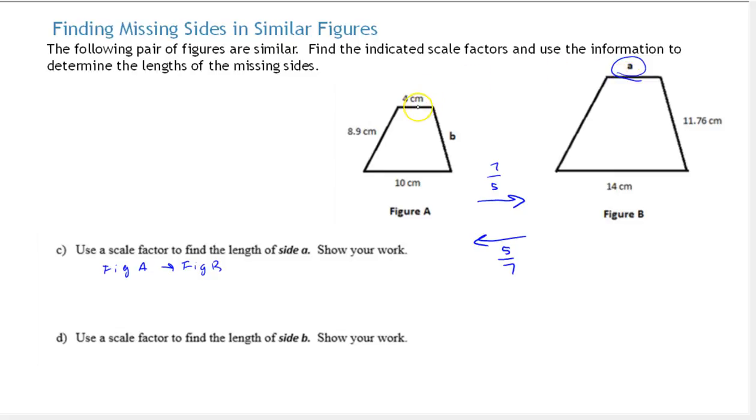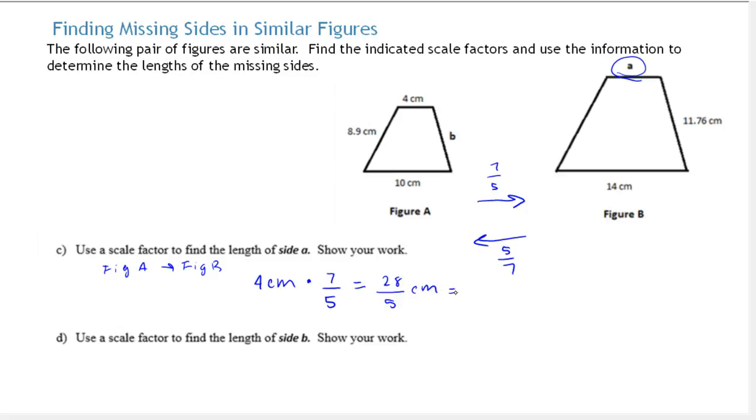We know figure A, the side that corresponds to little a in figure A, is 4 centimeters. And to scale to figure B, we use the scale factor of 7/5. Okay. So we're just going to multiply 4 times 7/5. That's 28. 4 times 7 is 28/5 centimeters.